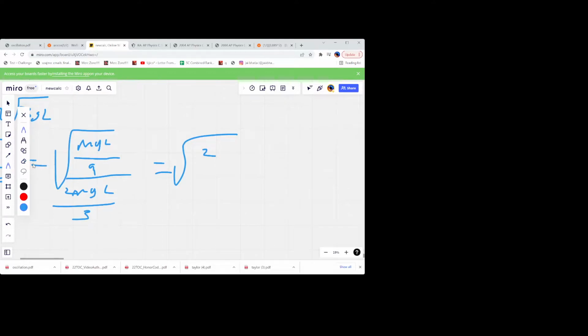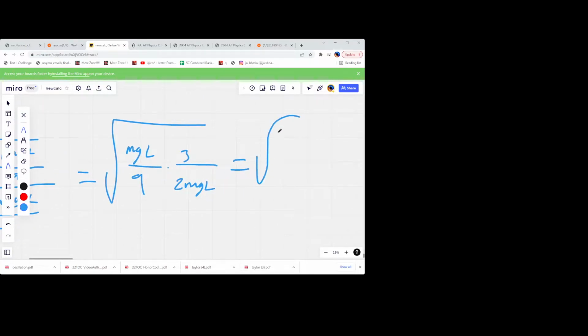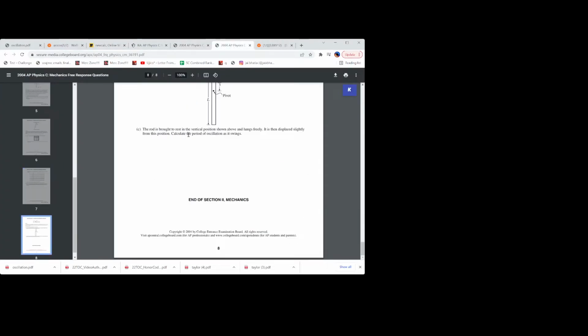Or maybe it's square root 1/6. Okay, actually, I don't trust myself. So here, we're just going to make a big square root here: mgl over 9 times 3 over 2mg. Okay, so it is square root 1/6. Now we can just check that real quick.